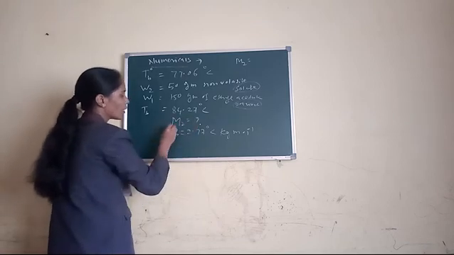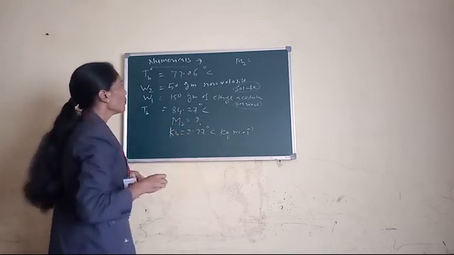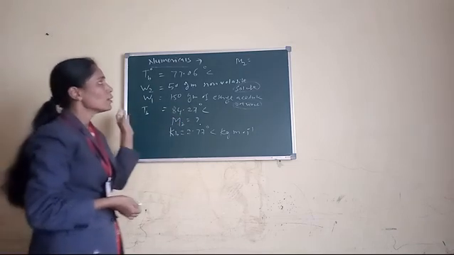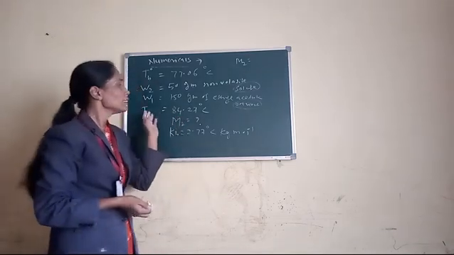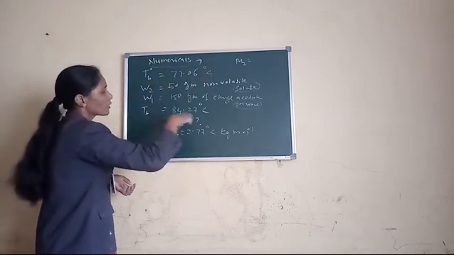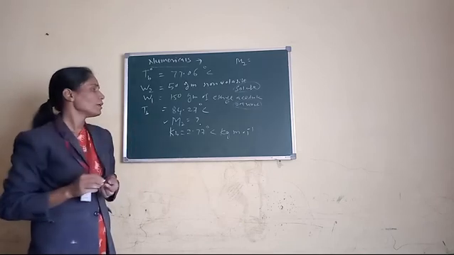M2 is to be found, KB is given, all values are given. A very simple and easy problem, solved easily by the formula of M2. All quantities are given, only M2 needs to be calculated.